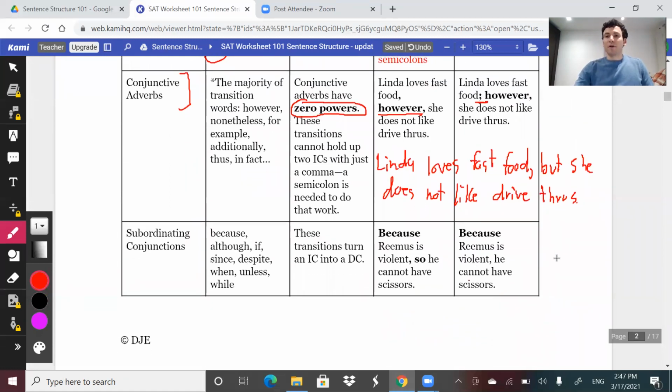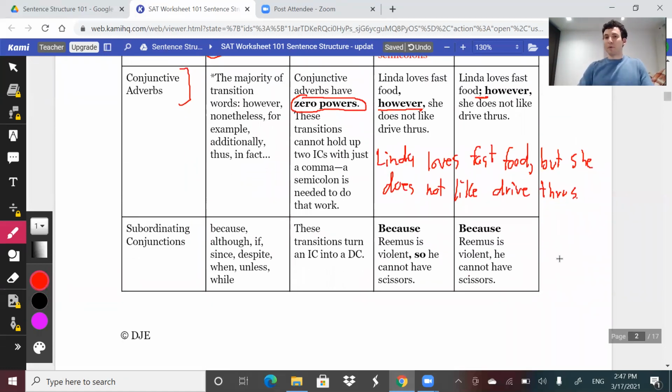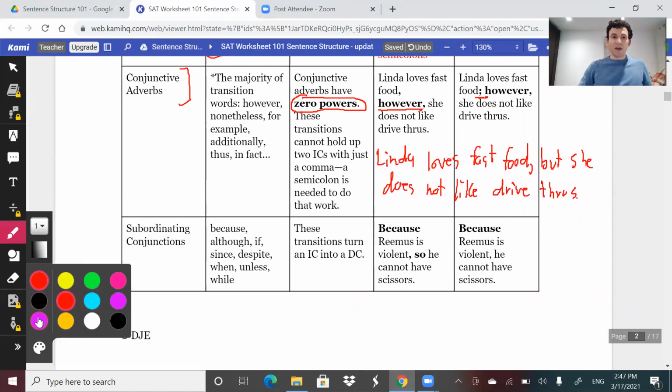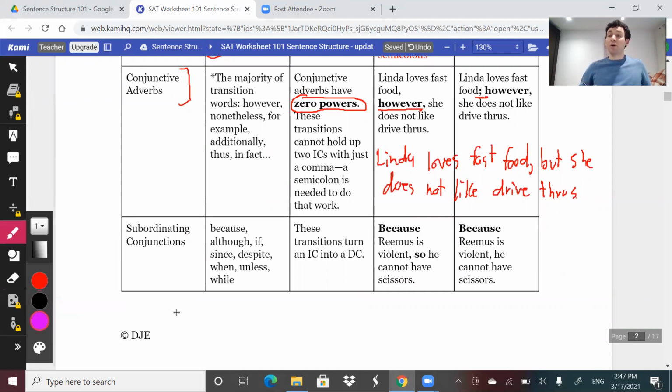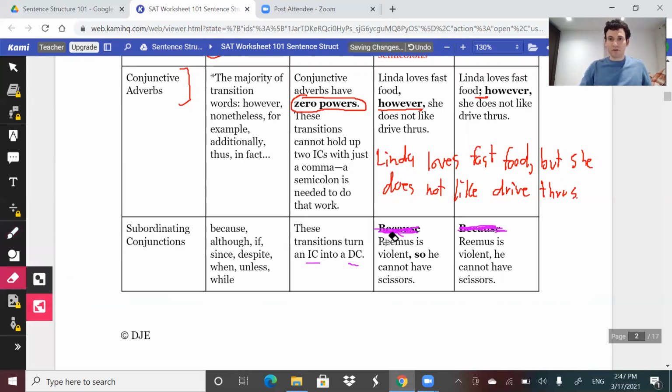The one other transition word that you have to be familiar with is a subordinating conjunction. What does a subordinating conjunction do? Well, a subordinating conjunction takes an independent clause and it turns it into a dependent clause. How so? Let's look at this sentence all the way to the right: Remus is violent, he cannot have scissors. That's a comma splice.